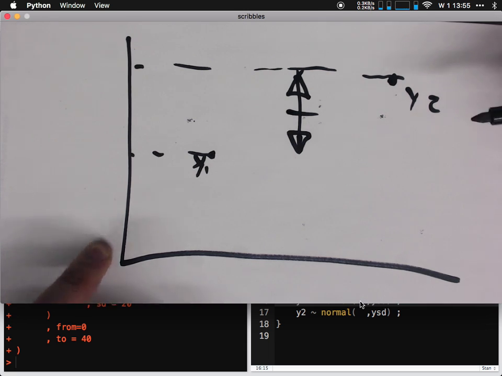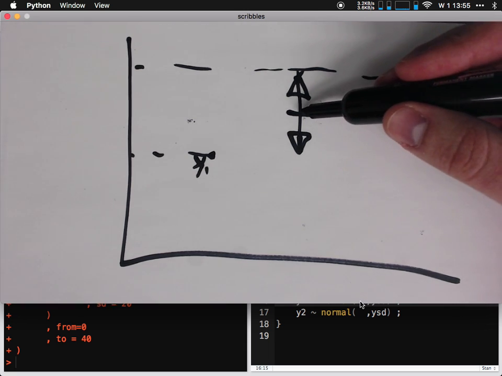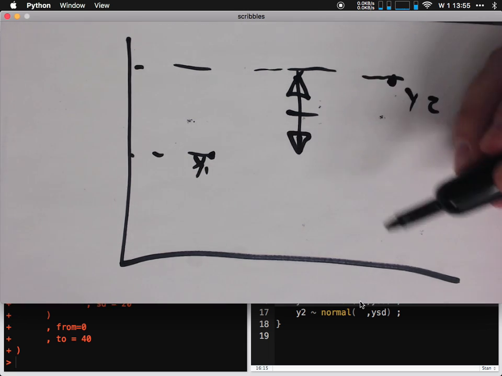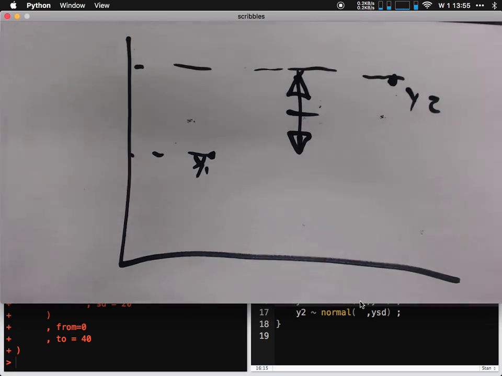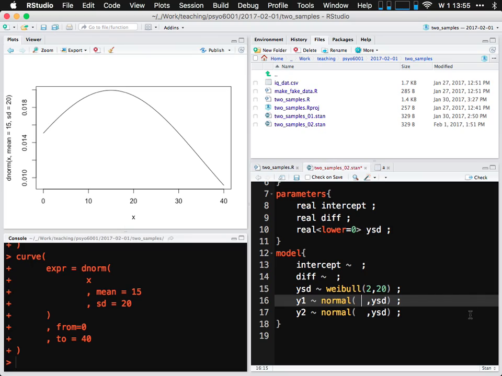One is intercept minus diff divided by 2, and this one is plus diff.